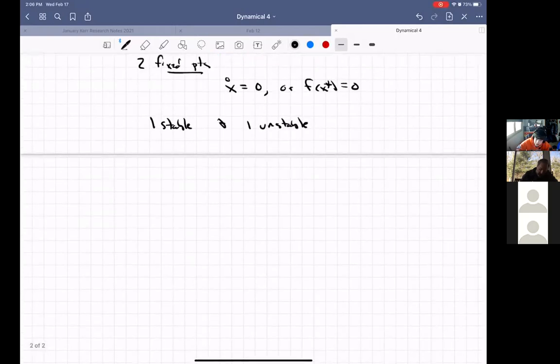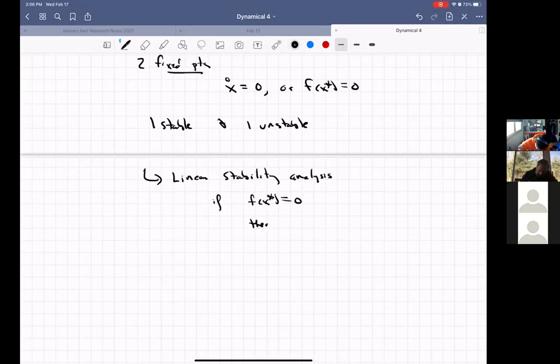And we can recall that we have linear stability analysis, which says that if f of x star is equal to 0, then if f prime evaluated at x star is negative, x star is stable.